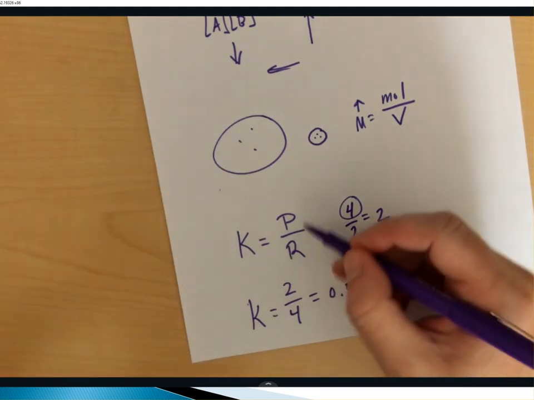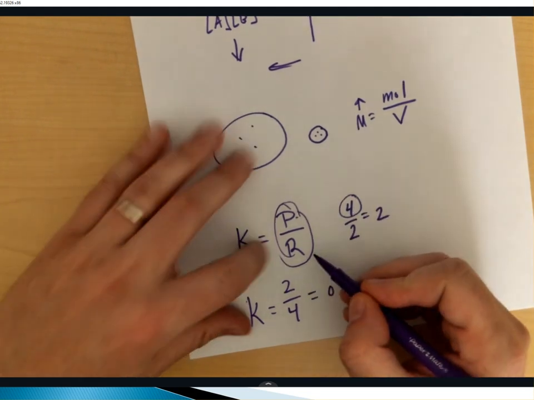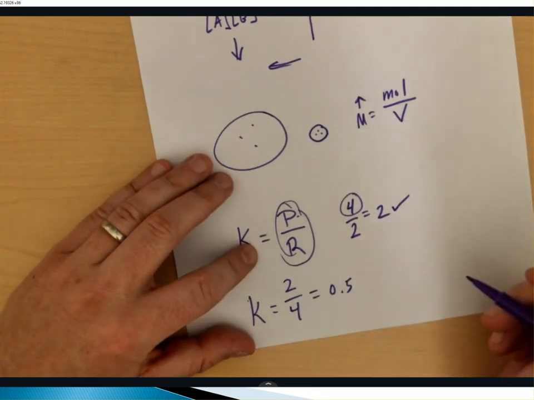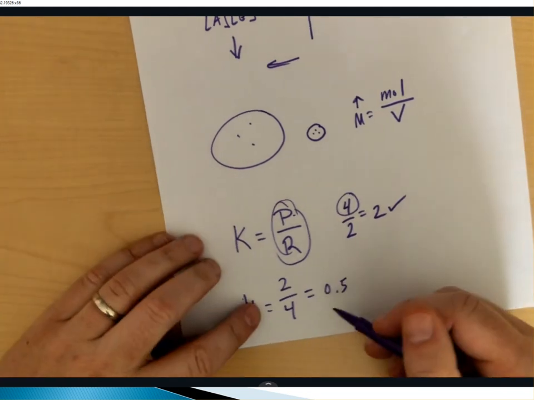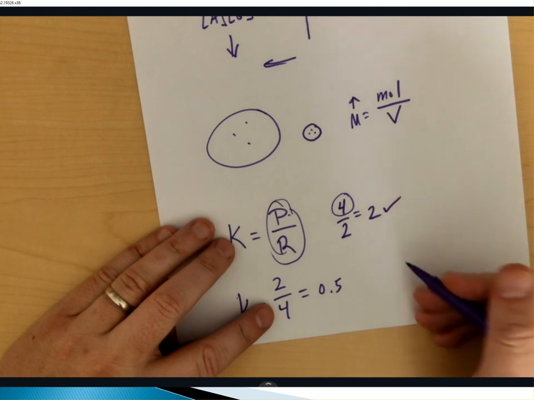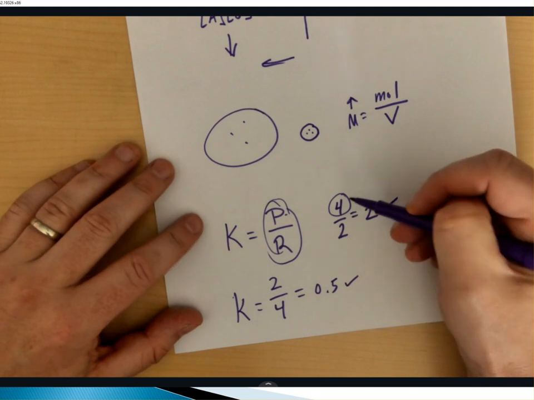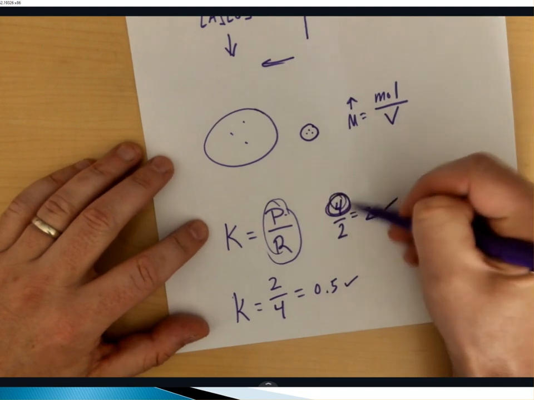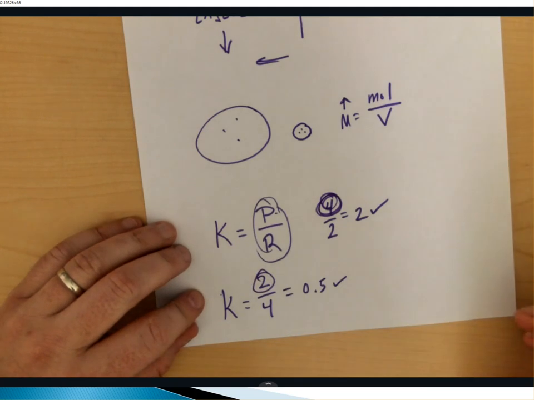So we can see whenever we have a simple equation like this, if the numerator is greater than the denominator, you would have an answer greater than 1. And if the numerator is smaller than the denominator, you'll always have a fraction or a number that is less than 1. If the number is greater than 1, we have more products than reactants, and if the number is less than 1, we have fewer products than reactants.